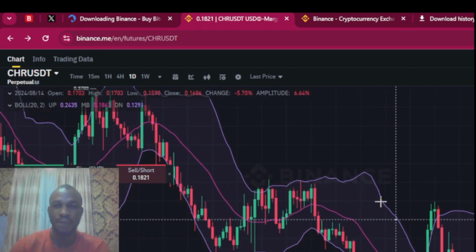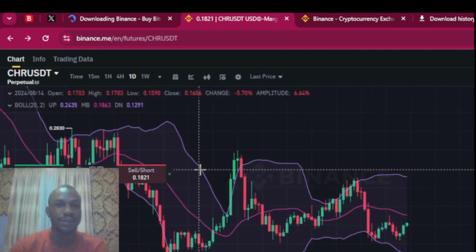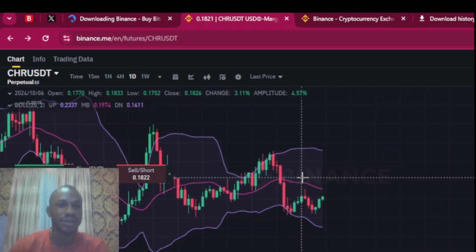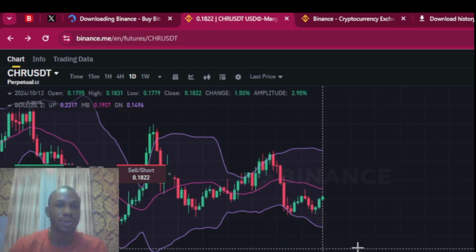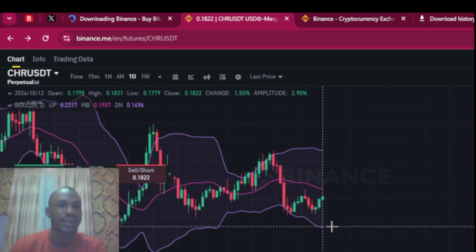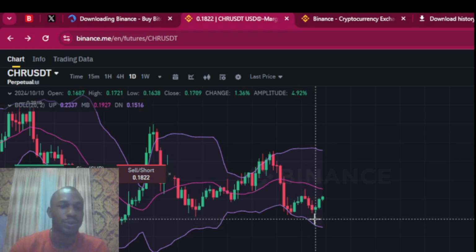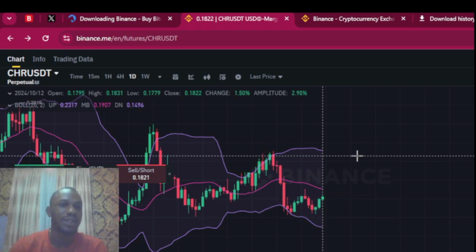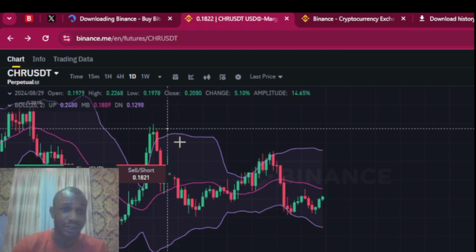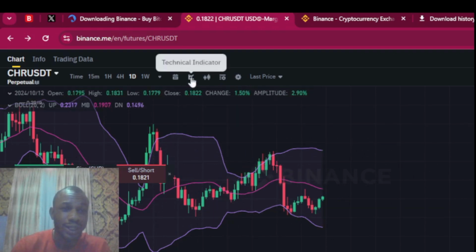This is what we'll be using in making major decisions, because we need to know when exactly the market price of this coin is low and when it is high, when it is profitable for me to enter the market and when it is profitable to leave the market. So this is the Bollinger chart.